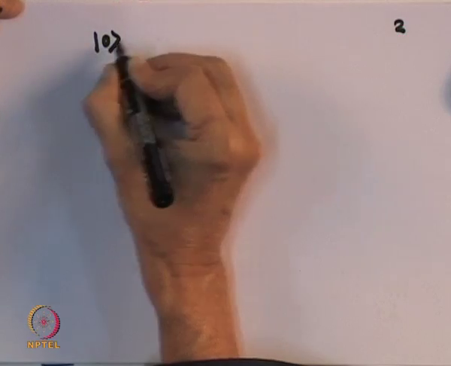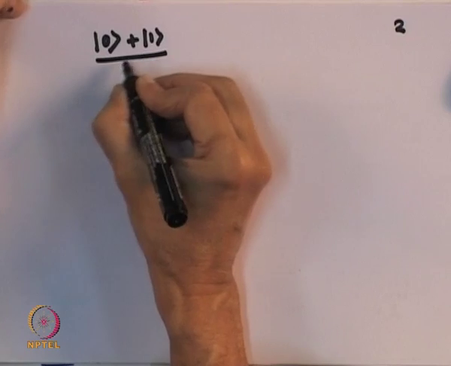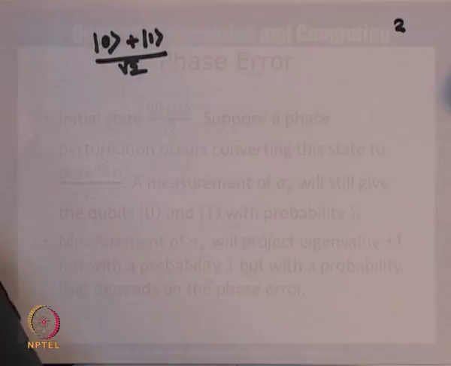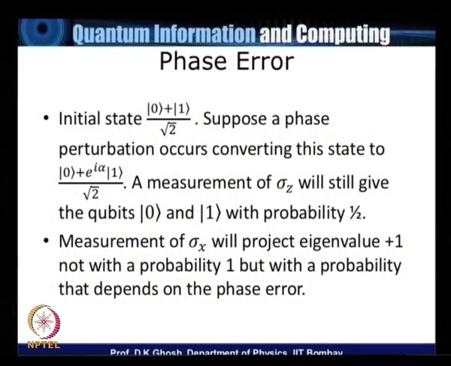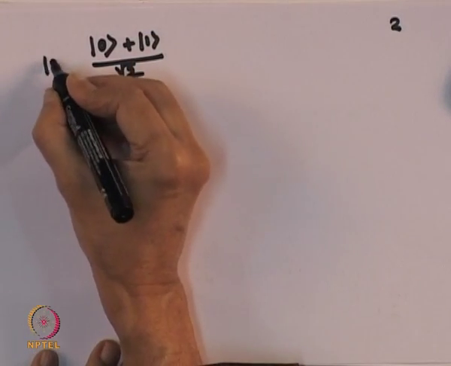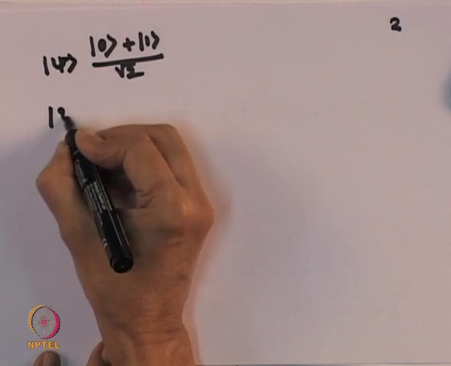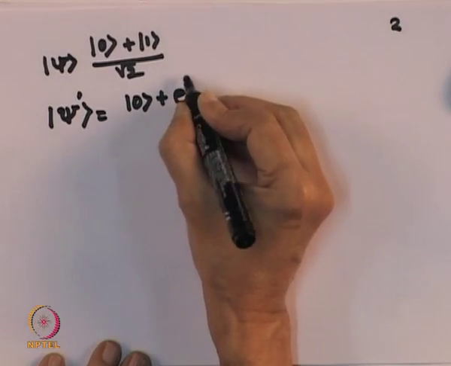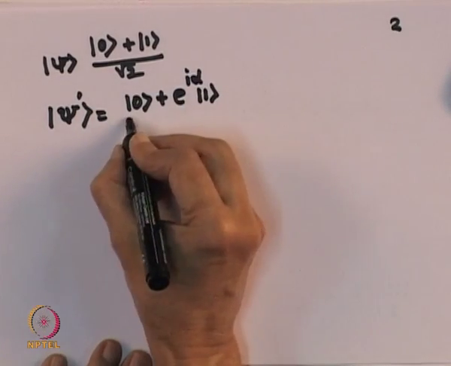Now, suppose I started with an initial state of, let us say, 0 plus 1 by square root of 2. And let us suppose, because of interaction with the outside world, the environment as we have been calling it, a relative phase was introduced between these two bits, making this, so this I will call psi, and making this psi prime, which is, let us say, 0 plus e to the power i alpha 1 divided by square root of 2.